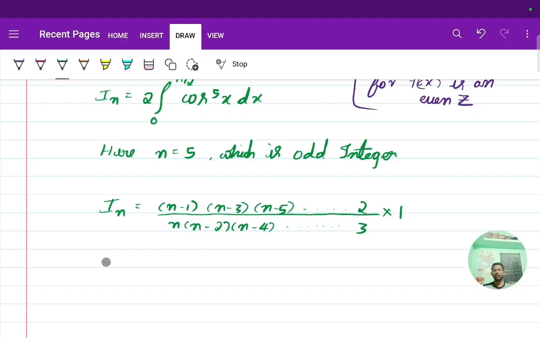Now we know that n is equal to 5, so I_5 is equal to 5 minus 1 is 4, into 5 minus 3 is 2, divided by 5.